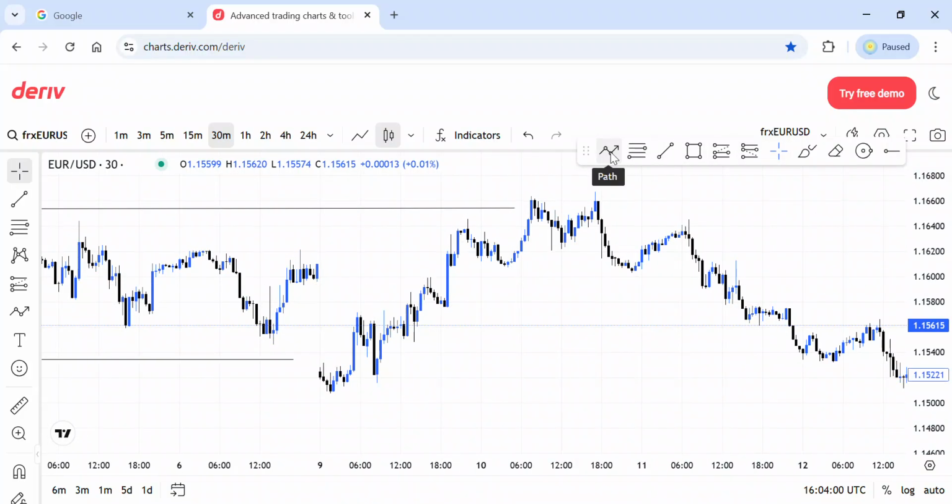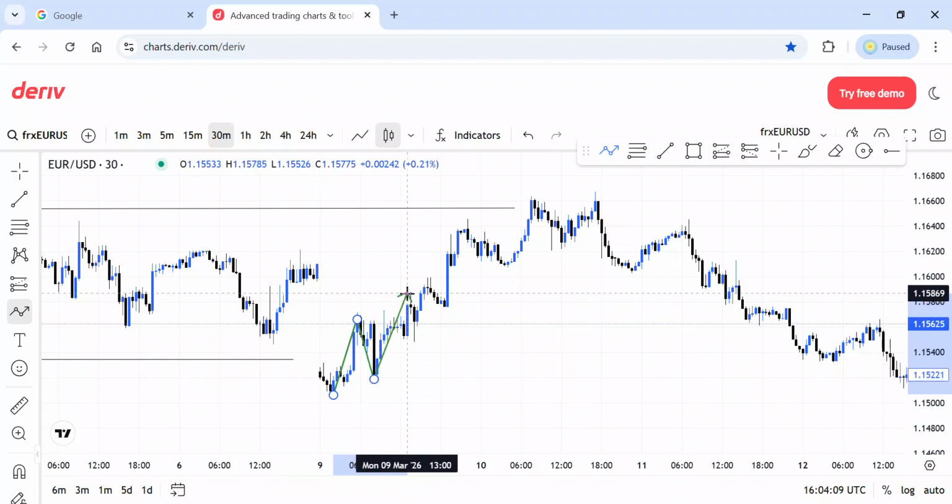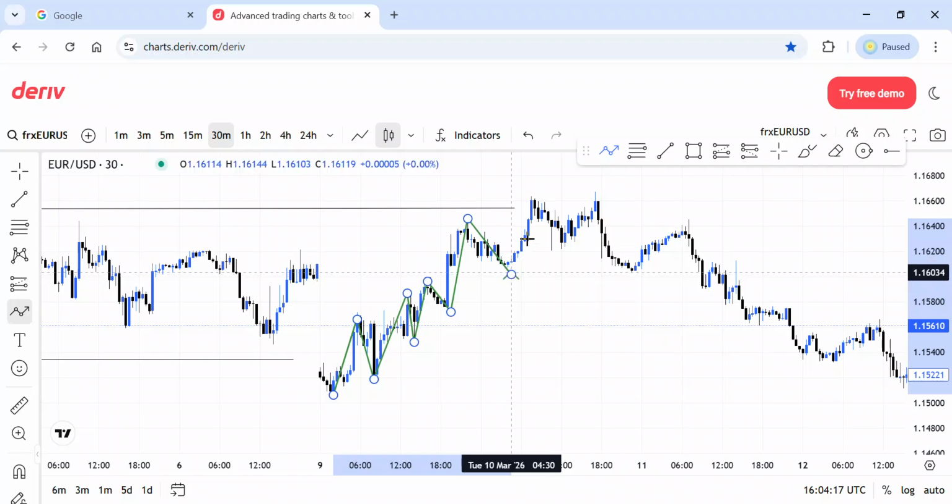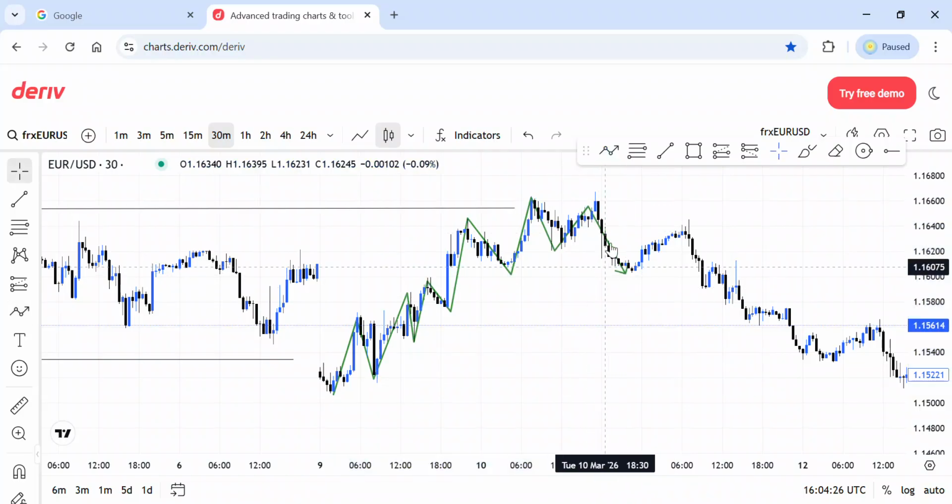I think we can see a higher high, higher low, then higher high here, higher low, then another higher high, higher low, then another higher high right here, then another higher low, then another higher high right here. You get? Then the market broke out from here.